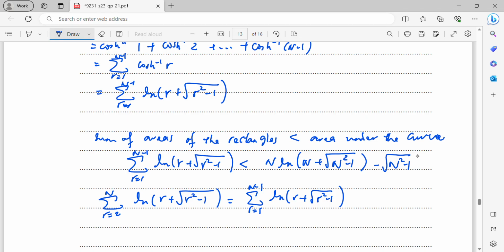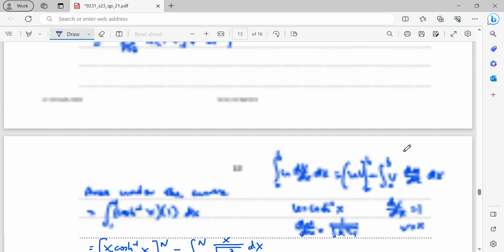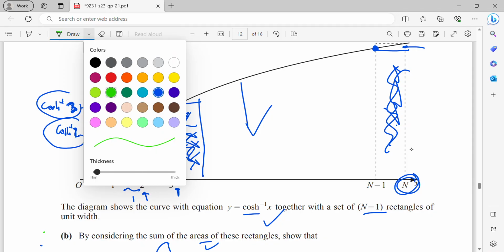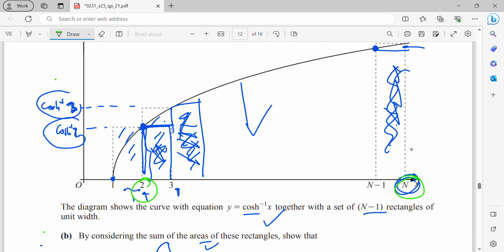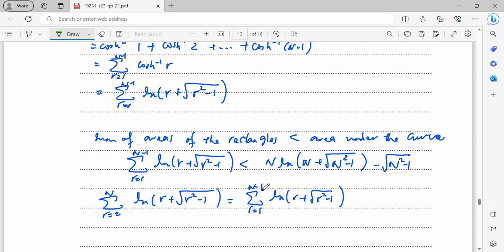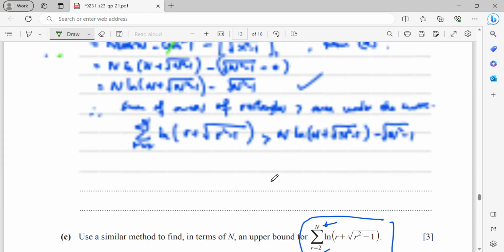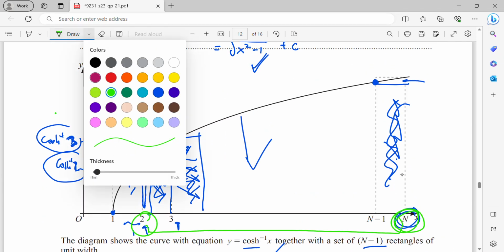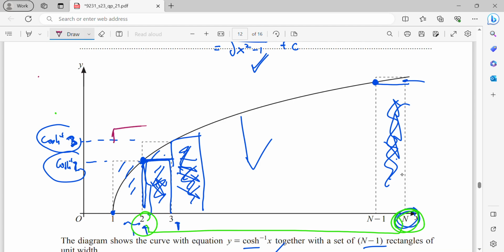Okay, now when r is from 2 to n, because we have found 1 to n minus 1, so I need to get the total here. Right now I have here up to this.